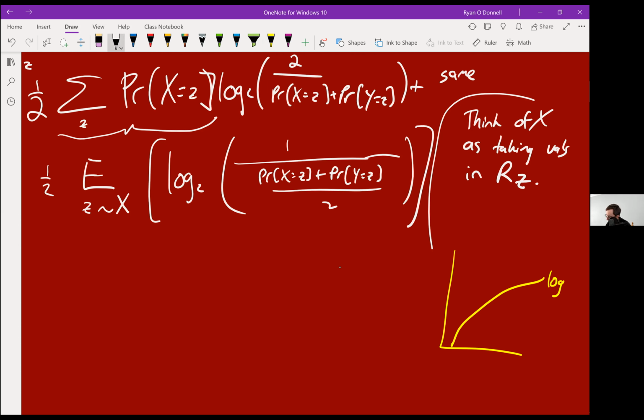If you take the average of its values at 2 points here and here, the average value is maybe this green point, but that's below this orange point. So it's concave, which means the average of some values is smaller than the function applied to the average. So this will be at most log base 2 expectation z drawn from X of 1 over, oh yeah, this is not going to look so great, but we'll see. We'll keep going, I guess.